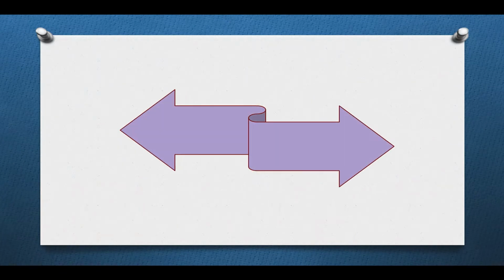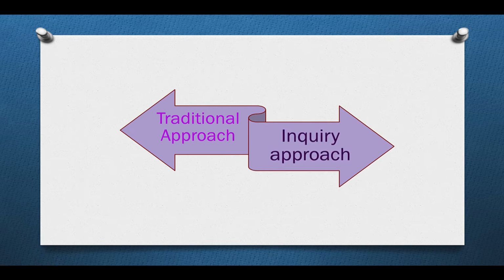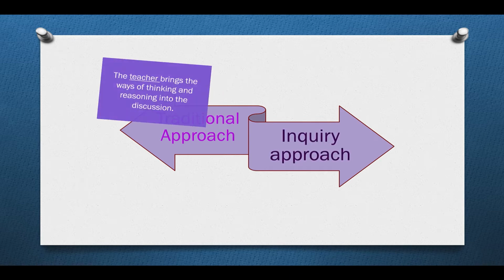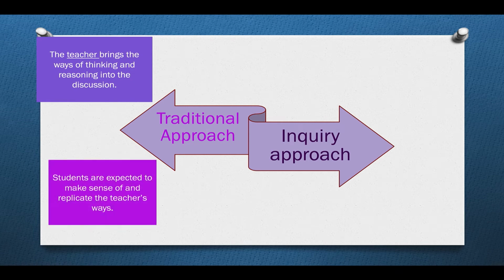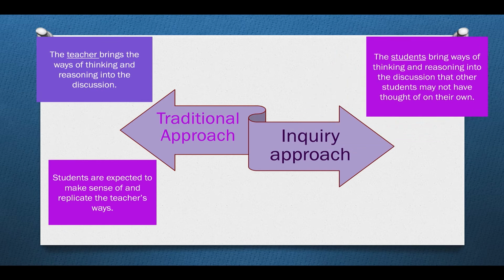This points to an important difference between the approach to instruction that we advocate and traditional math instruction. In the latter, the teacher is typically the person that brings new ways of thinking and reasoning to the discussion that she then expects the students to make sense of and replicate. But here it is the students that typically bring ways of thinking and reasoning into the discussion that other students may not have thought of on their own.